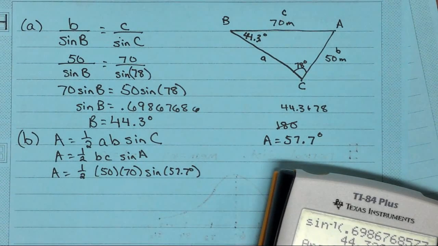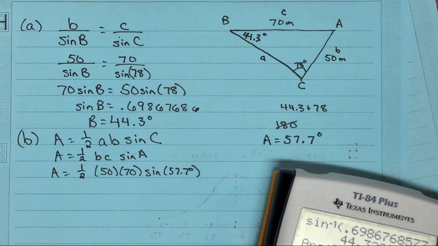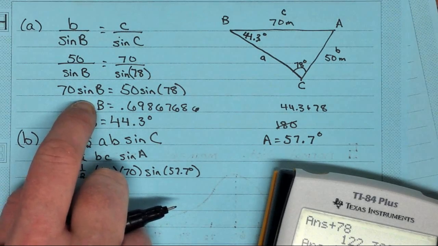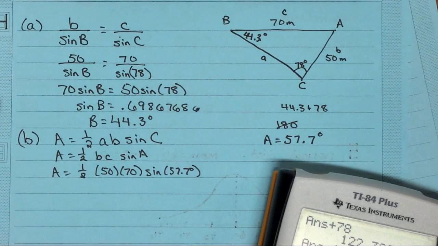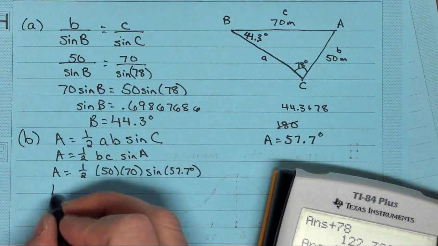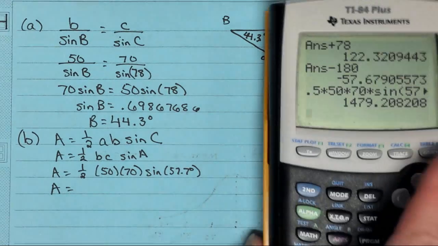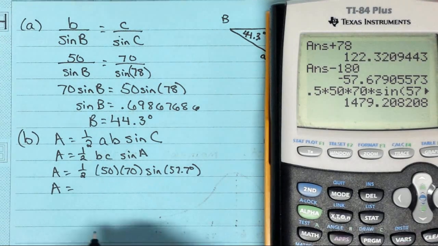These are so much fun to grade. I'm looking forward to it so much. If somebody messes up in part A, I have to keep redoing every problem with a different answer. So 1479.208, you could write the whole thing.